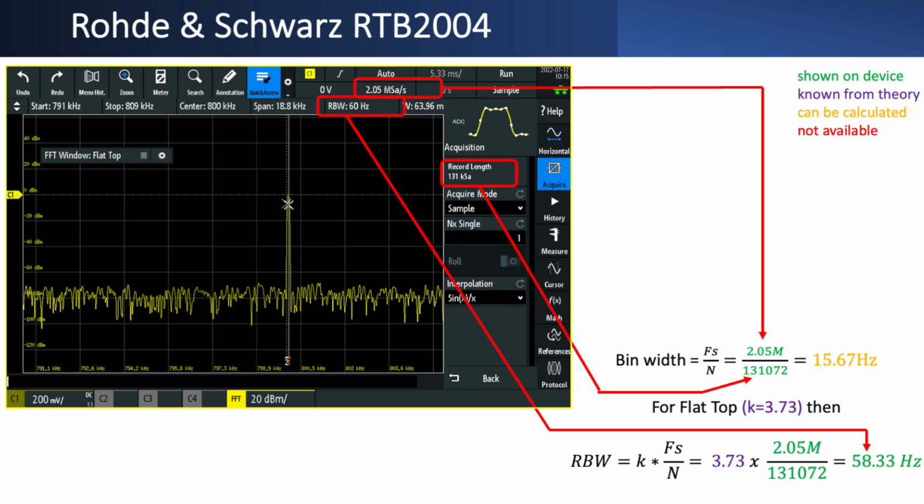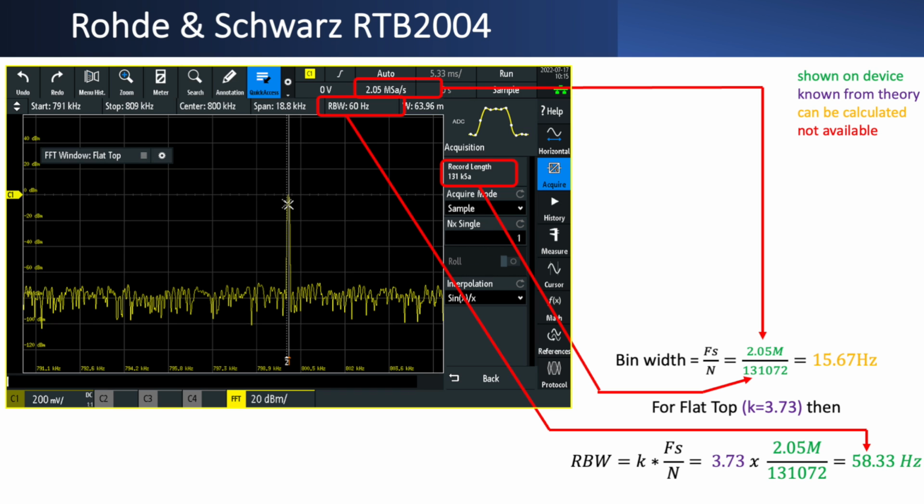So if I look again at the same type of test and I identify on the screen what I can find, I see the sample rate of the device, or at least what I thought to be the sample rate, but I'll come back to that later. I'm seeing the resolution bandwidth, so this is something we can directly observe and even set on the screen.